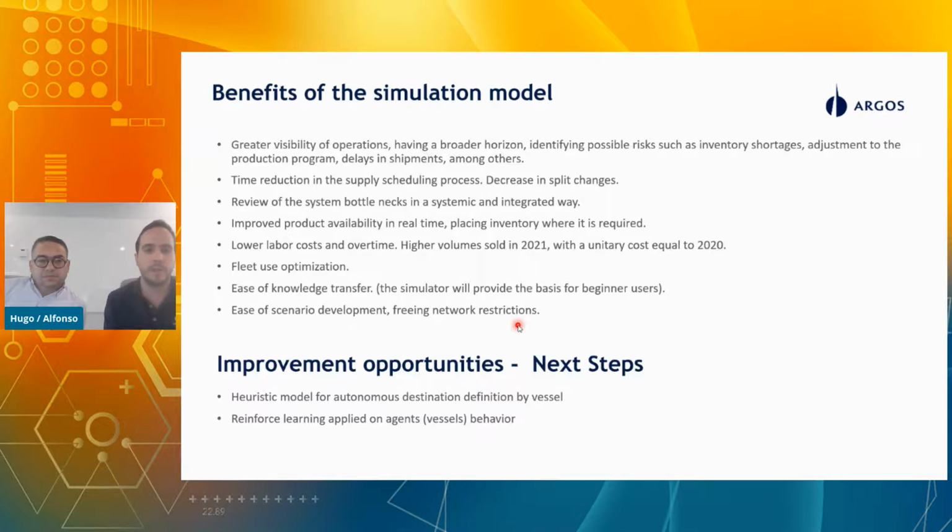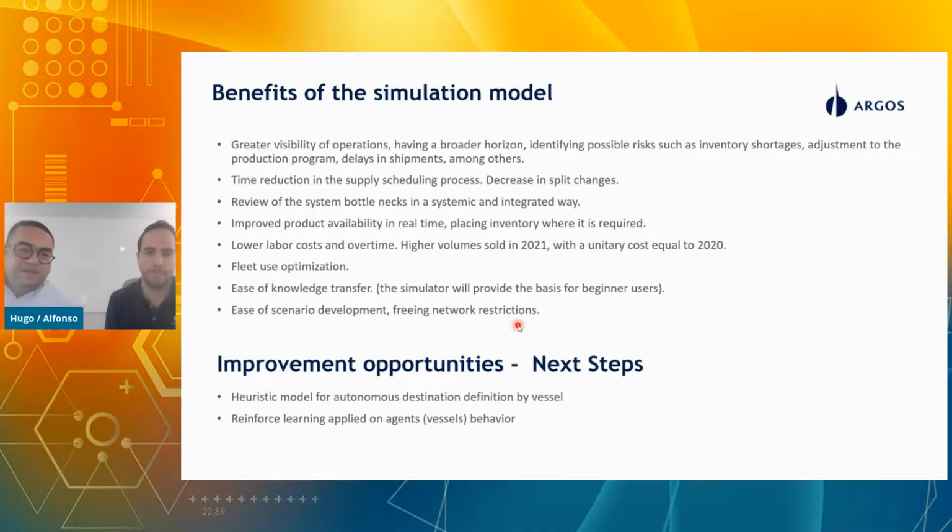The constraints in the simulator were implemented before with the previous knowledge of the users, but now that we have the simulator, it will provide the basis for those users that come new to the simulation, and definitely an ease of scenario development, freeing the network restrictions.